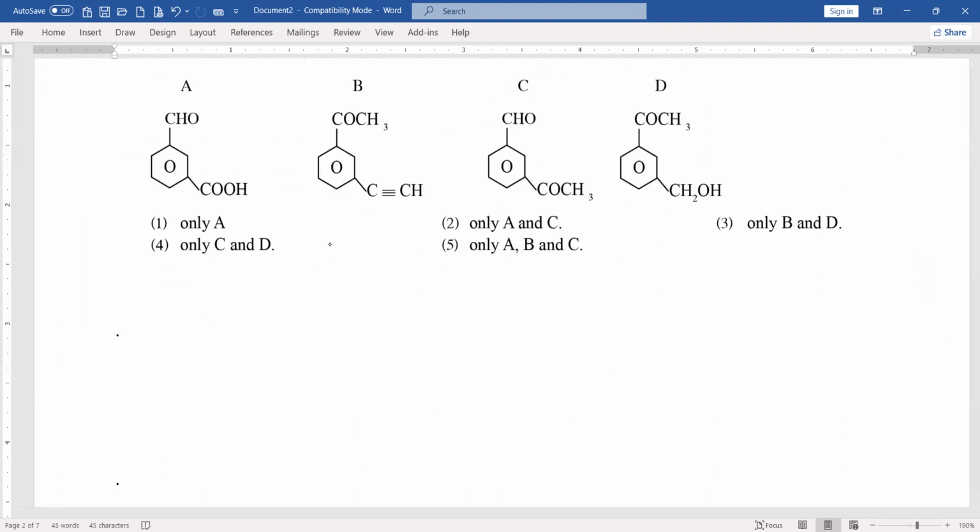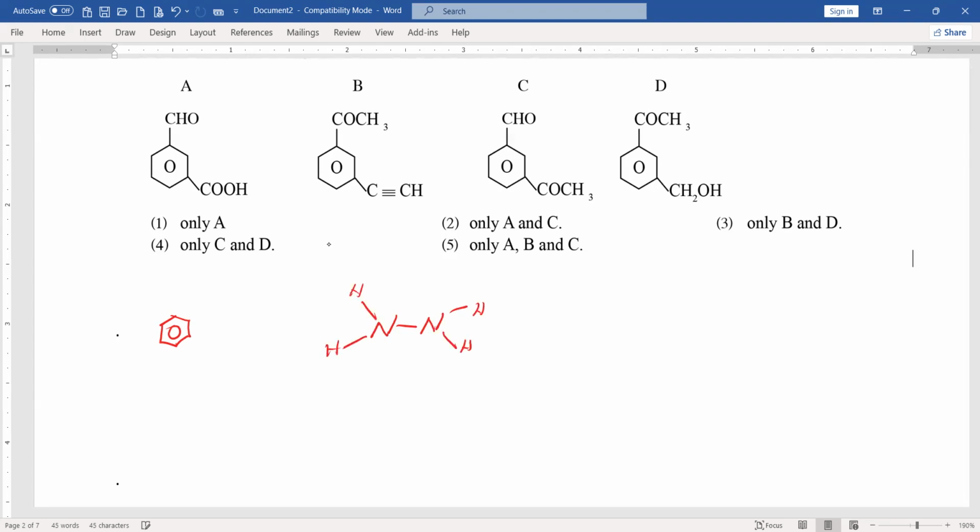Brady's reagent, the main reactive part of Brady's reagent, is 2,4-DNP. This is called the benzene. And this is called hydrazine.